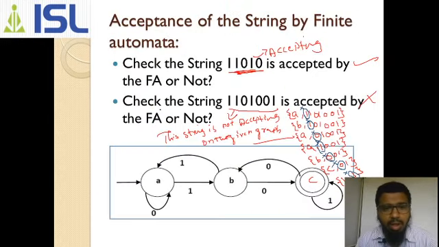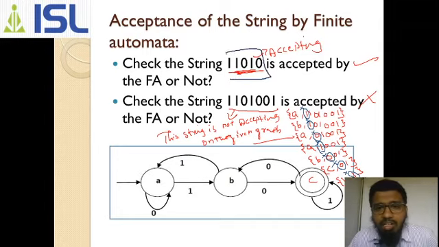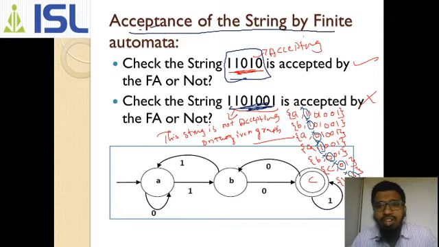After that we saw whether the given string is accepted or not. That also we saw with the help of an example. This example is here, so if you see the previous video then you can easily understand this concept. So we saw the acceptance of a string by finite automata.